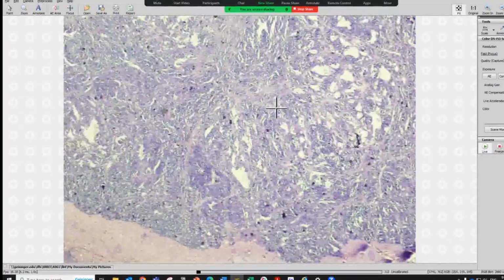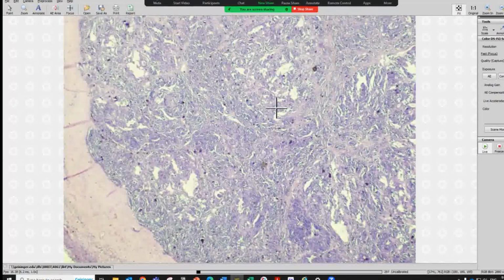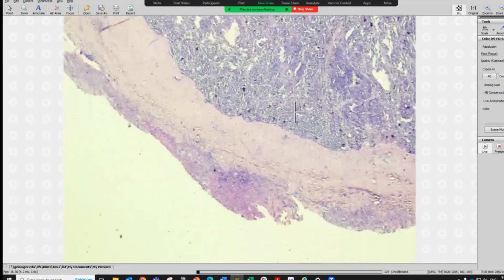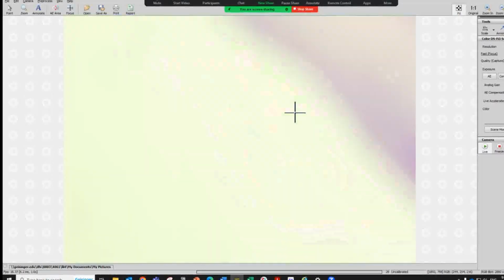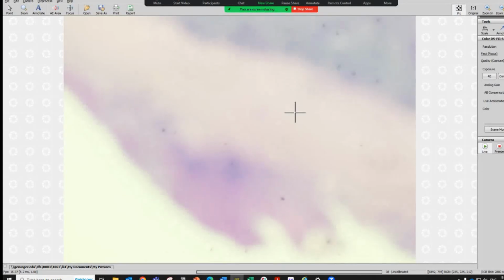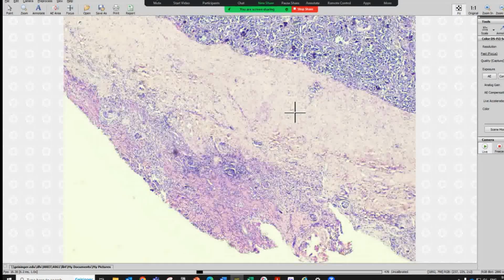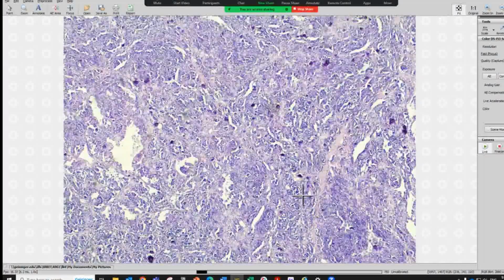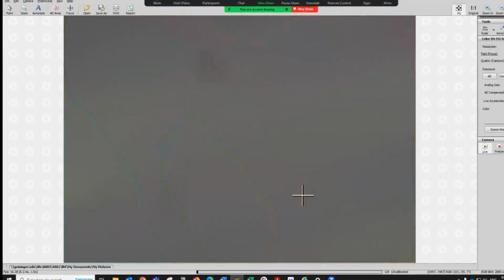So when we screen this slide, we can see some stroma that is more cellular. So it may not be metanephric adenoma. And again, this is really small baby glomeruli. So that is also from a baby or infant. So we are thinking of Wilms tumor. So we really need to see the nucleus and then find our different components.